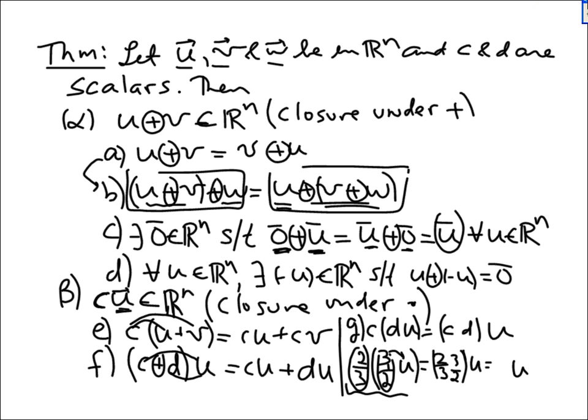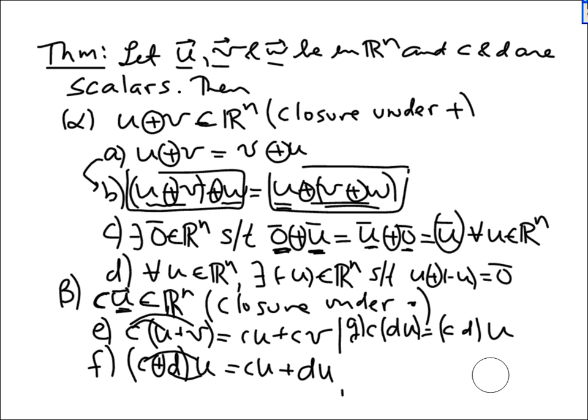The next and last statement in this theorem, a rather easy one, says that for any vector u in Rn, if you multiply it by the scalar 1, you get back u. And of course that is right.